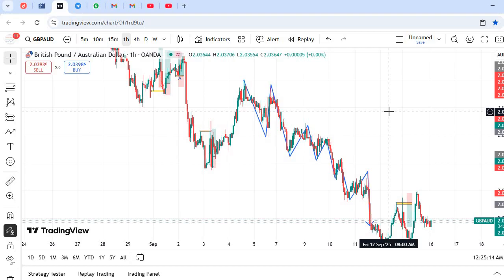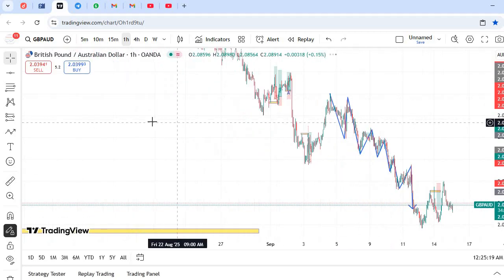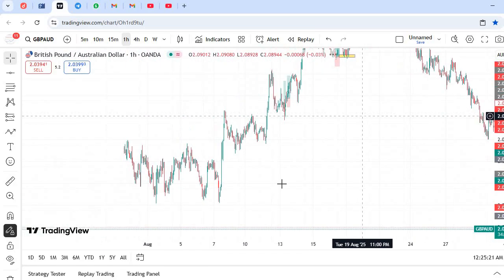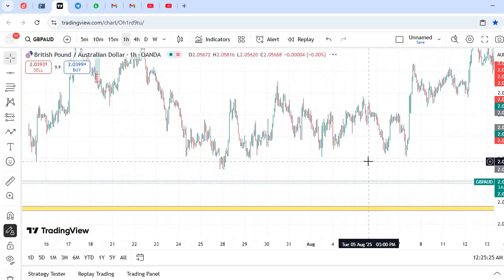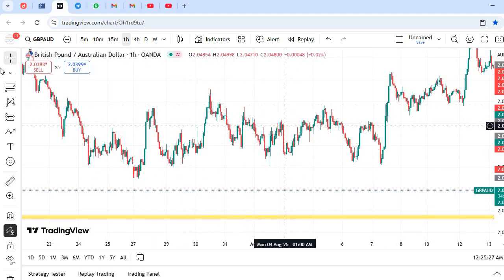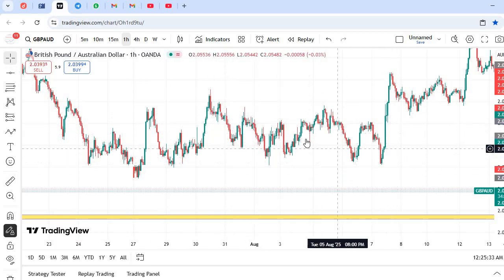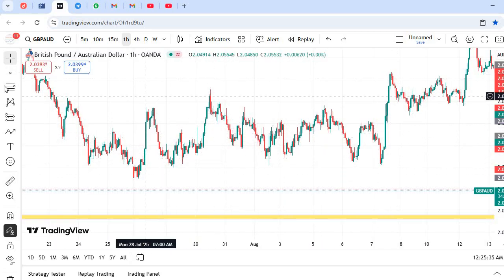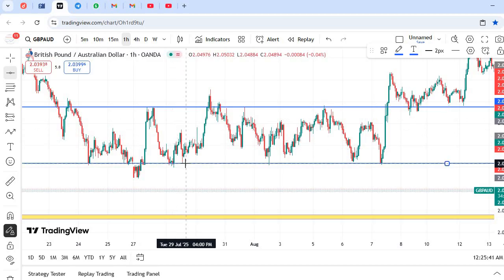Then we also have the ranging market. Let me look for an example of a ranging market. Okay, correct. Now look at this chart. This is an example of a ranging market. This is supply, this is demand. Can you see?